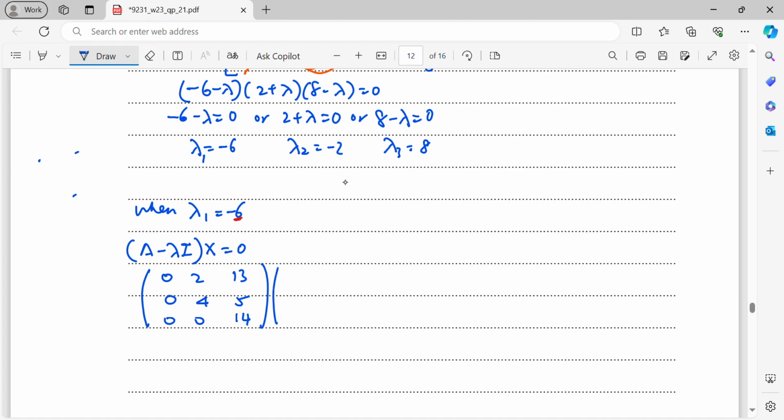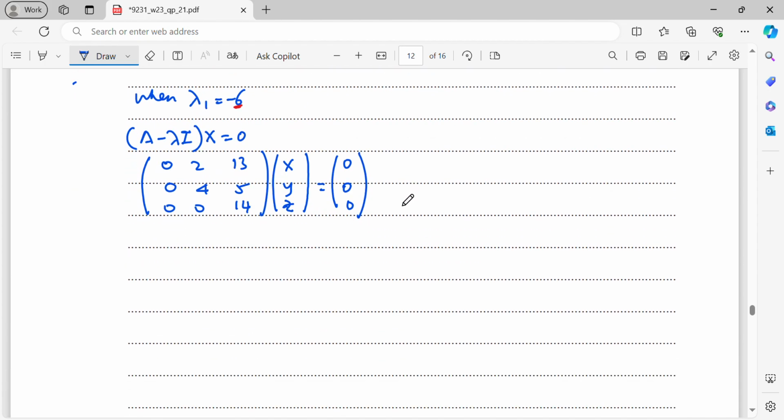Then the x will have 3 components. This is a 3 by 1 vector, and the right side will be all zeros. To find the eigenvector, I will solve for x, y, z. From the last row I get 14z equals 0, which means z is 0.